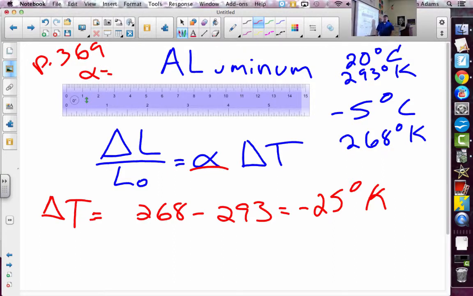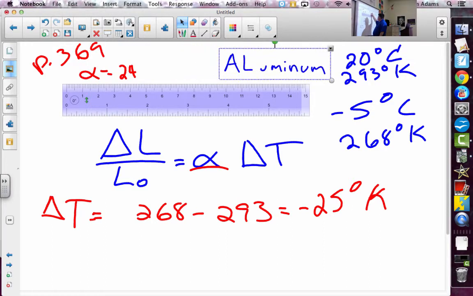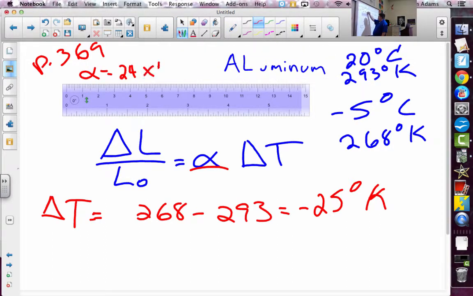Alpha is the thermal expansion coefficient, and for aluminum, it is 24 times 10 to the negative 6.